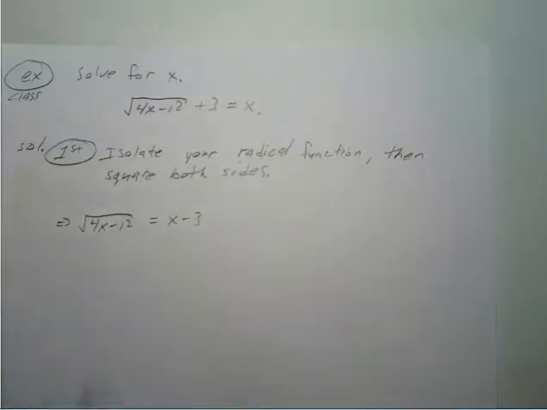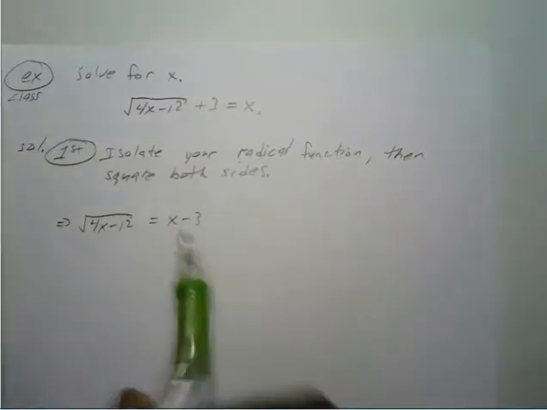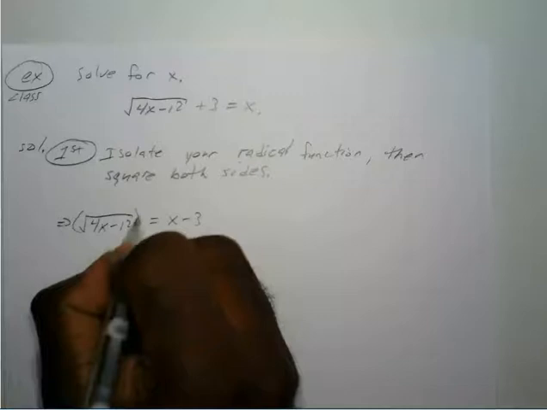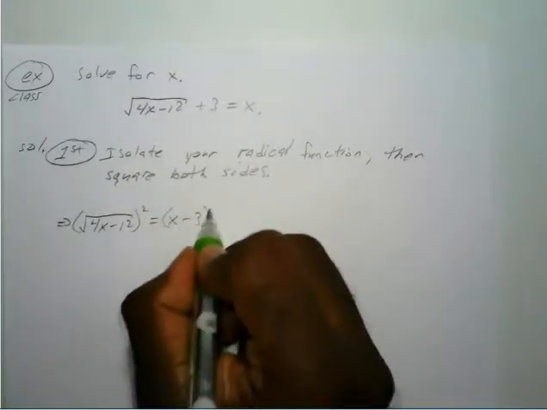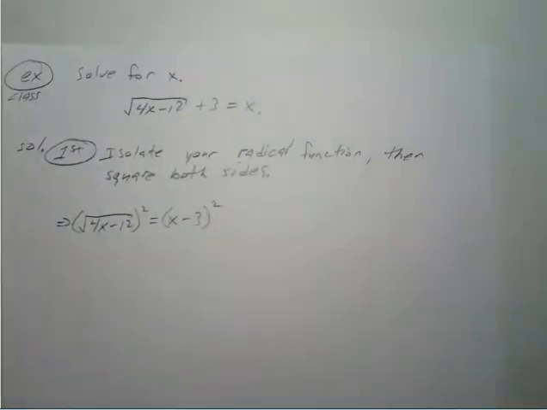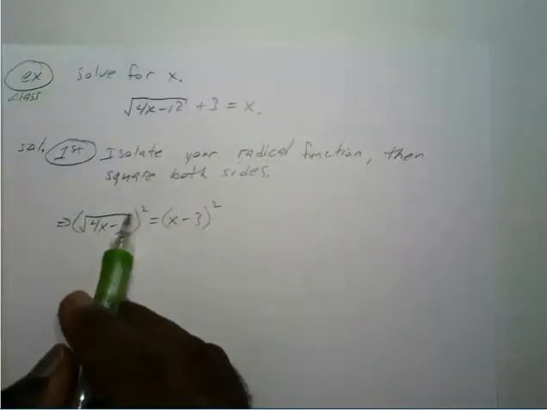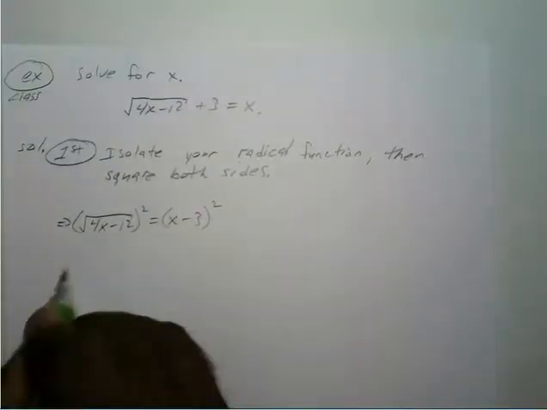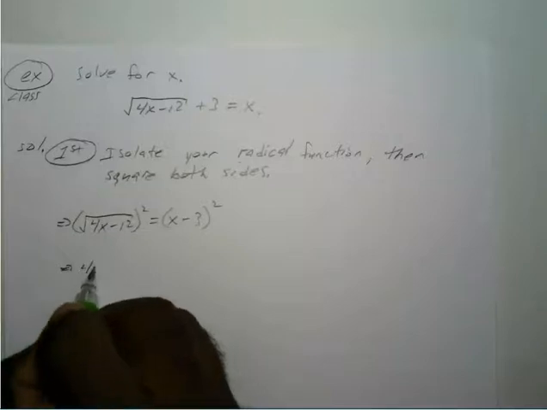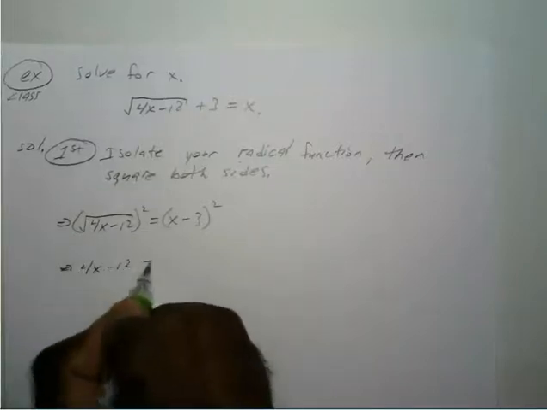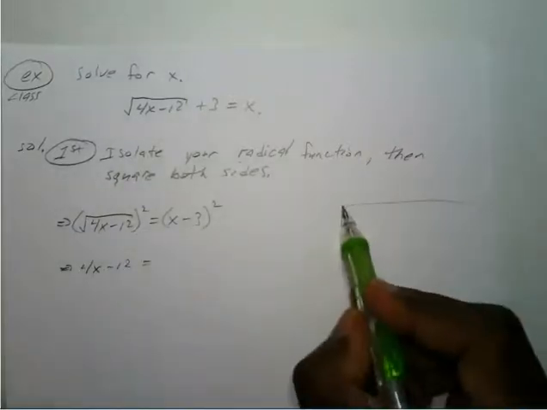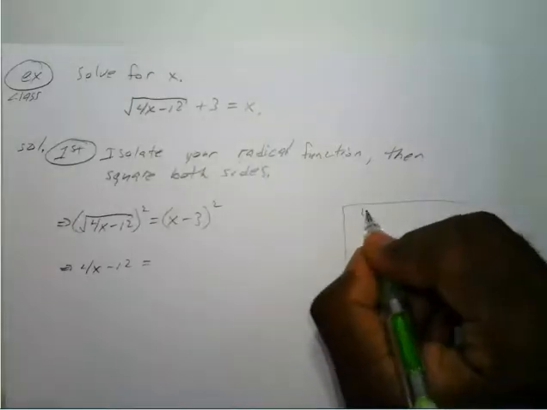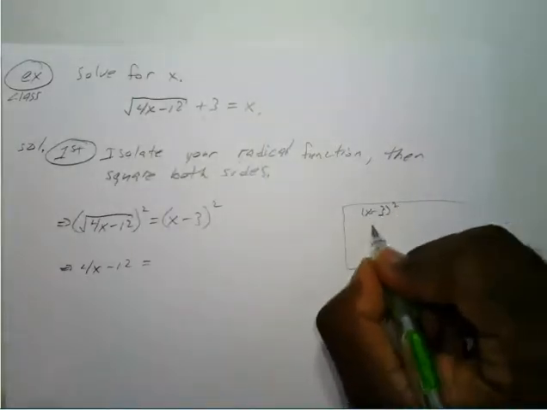All right, so once we isolate it, then we square both sides. So we square this side, and we square that side. Okay, now on the left side, the square and the exponent and the square root cancel each other out. So we have 4x minus 12. X minus 3, again using the FOIL method, we have x minus 3 squared.